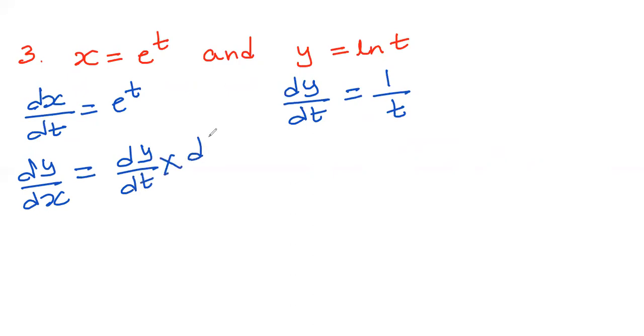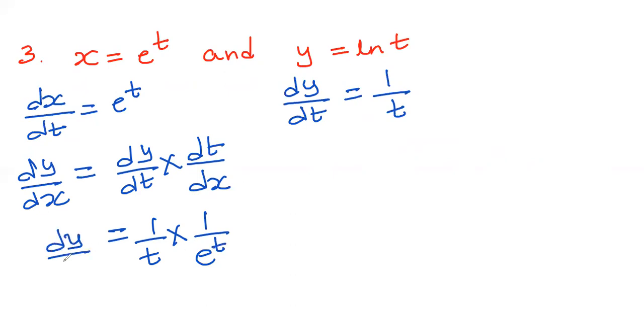times dt over dx. So dy over dt is 1 over t. Dt over dx will be 1 over e power t. So we have dy over dx equal to 1 over t e power t.